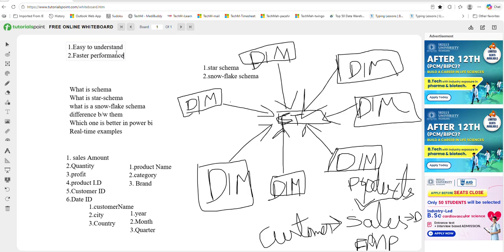Faster performance is Power BI works faster with star schema. That's why we can call it faster performance. And in the third one, we can write like it is better for reporting.